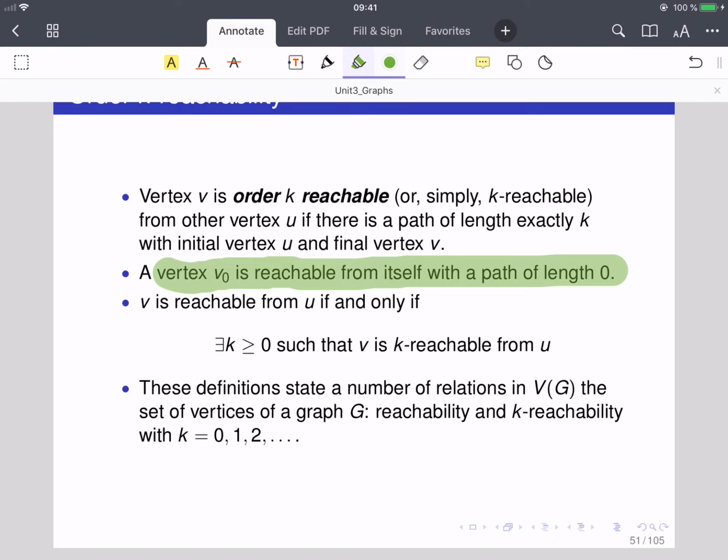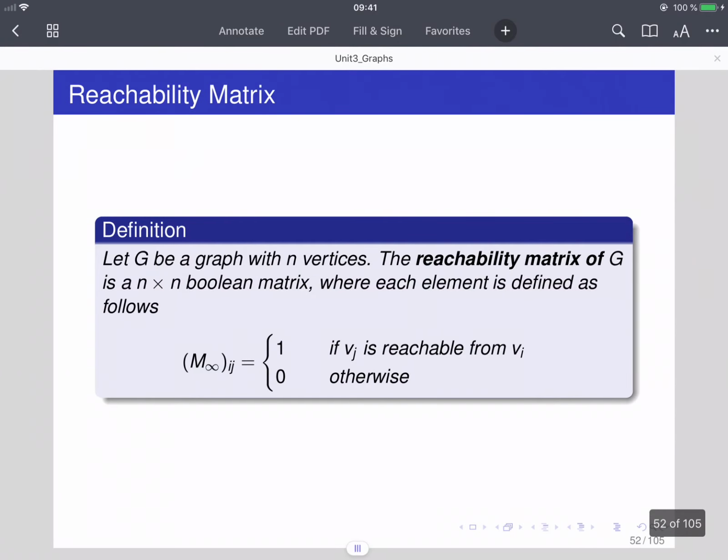Of course, a vertex is reachable from another if it is k reachable for some k, because if it is reachable, there is at least a path, and the length of that path gives us the k reachability. And of course we can define this k reachability for k equal to 0, 1, 2, and more.